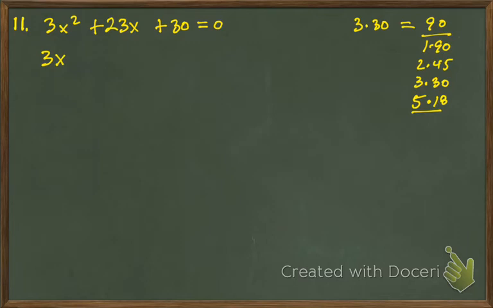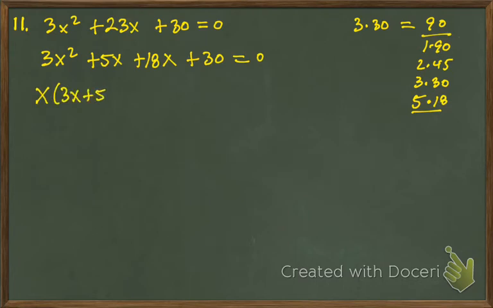And so what I can do is write 23x as some combination of 5x plus 18x. The order doesn't matter, just one order works. So we'll do 5x plus 18x plus 30 equals 0. And then with 4 terms, we'll go ahead and factor out the GCF of the first 2 terms.